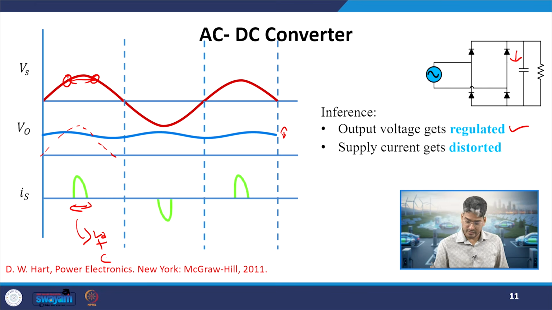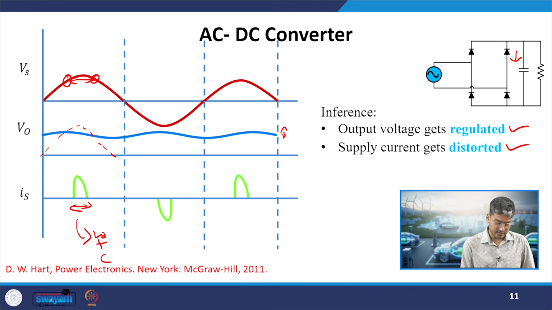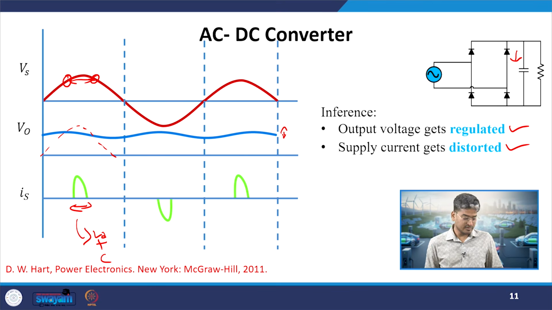Okay. So, the output voltage gets regulated in terms of your harmonic performance. Then the supply current gets distorted. Why? We have given a small duration of time during which your source is able to feed the load and charge the capacitor. So, it will be becoming spiky. So, it has a huge amount of harmonics. So, we say that to be distorted.